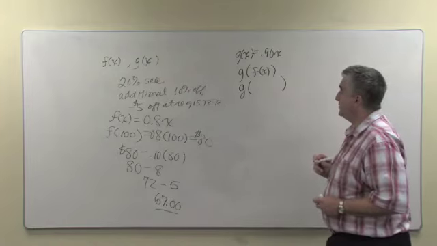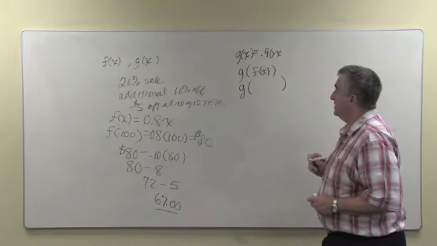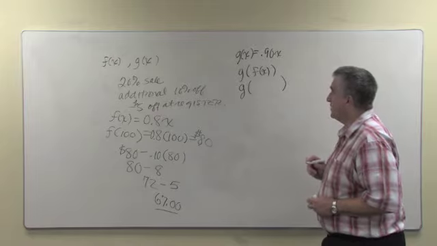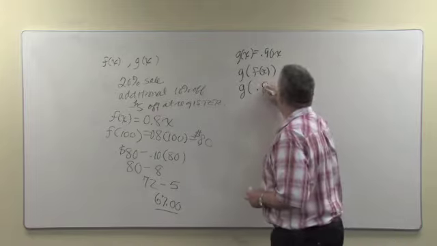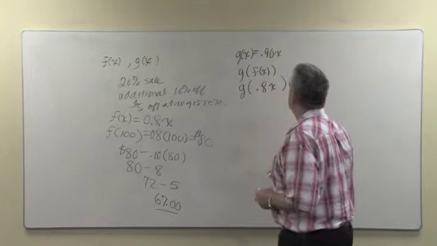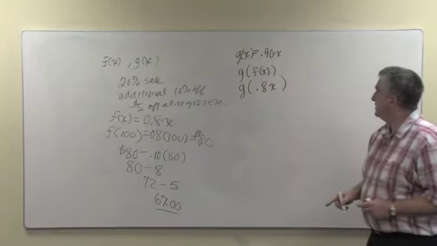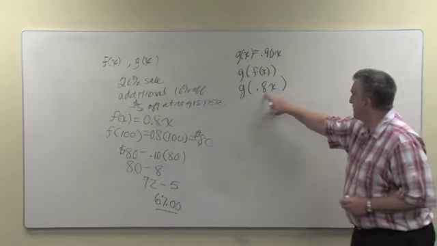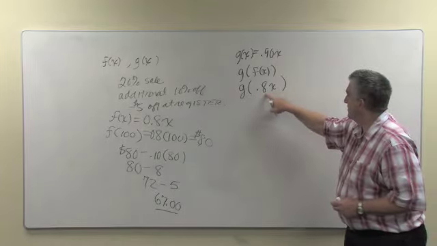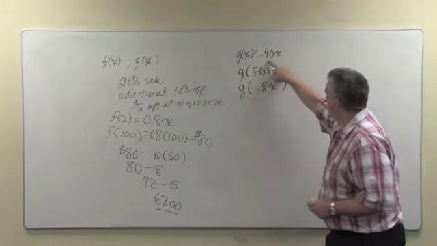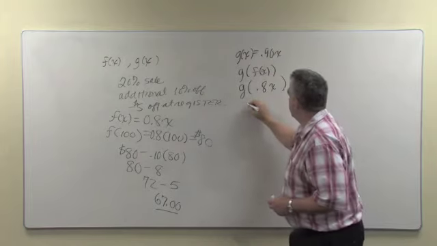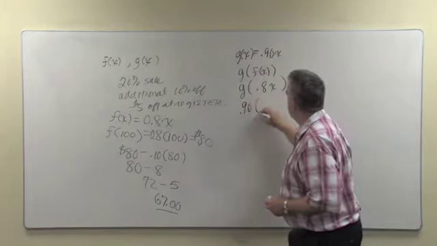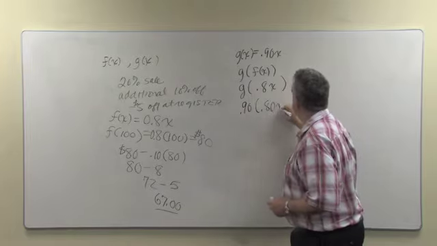The f of x function says whatever we got, we're going to multiply by 0.8. It's going to be 0.8 of whatever x is. And the g function says take this input and evaluate it at 0.9 times the input. So we're going to take 90% of the 80% of x.